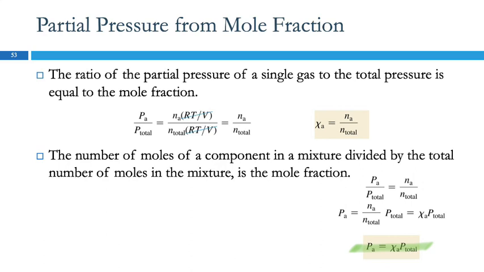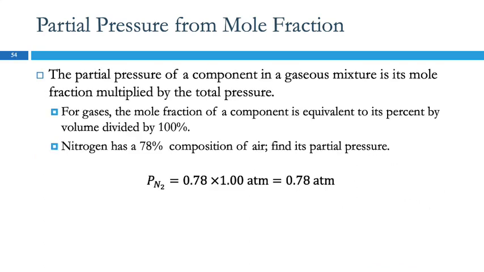And so it's going to provide half of the pressure. So 0.5 times the total pressure. And the other gas will also do half the pressure. So the partial pressure of a gas in the mixture is the mole fraction multiplied by the total pressure.